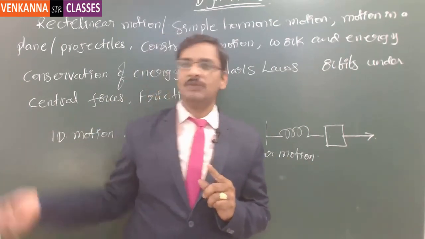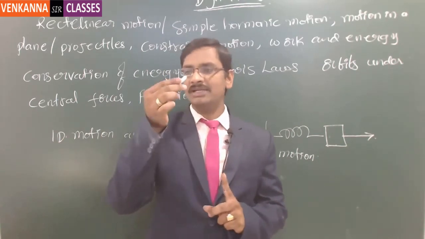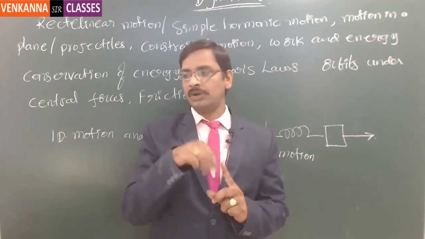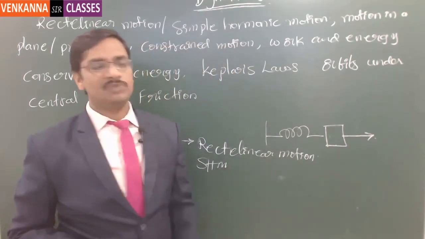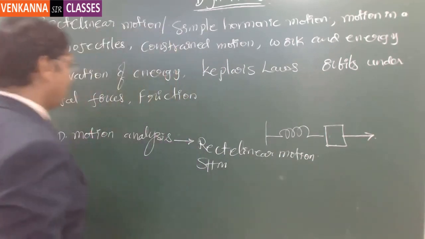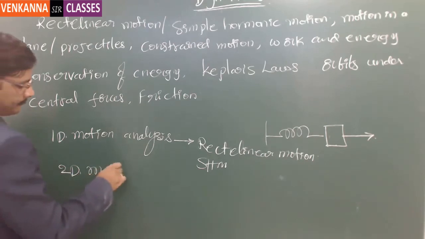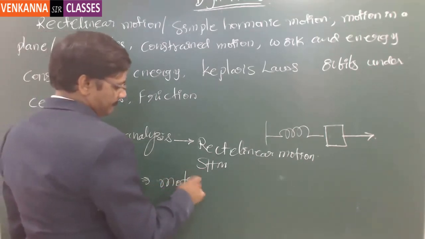So if you throw this chalk piece like this, you have to count both the height it is going to travel and, at the same time, the displacement from the starting point to this point. So two different aspects you have to notice, and that kind of motion is called the motion in a plane or a 2D motion.